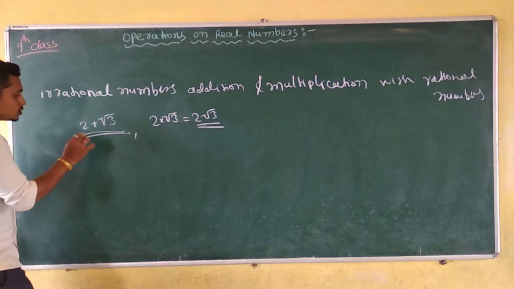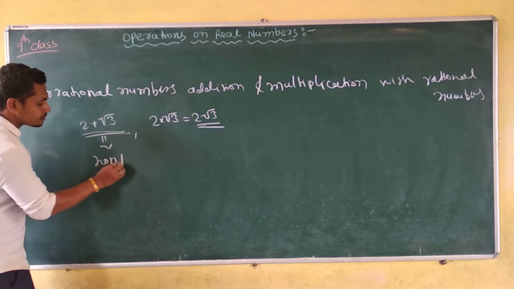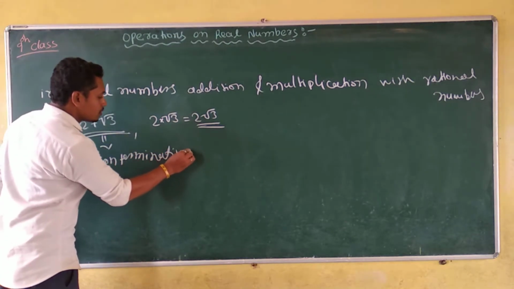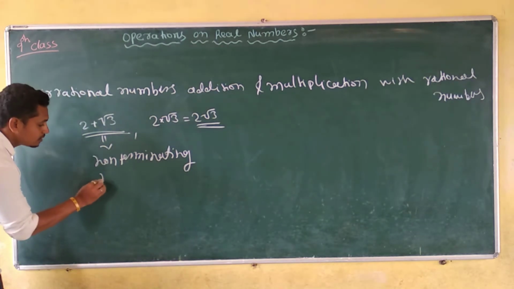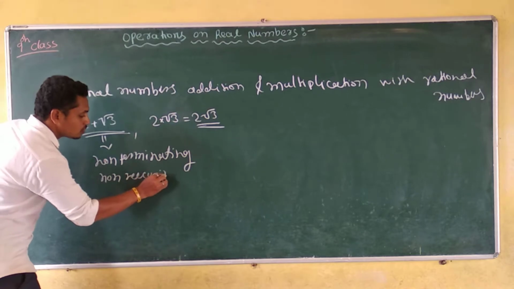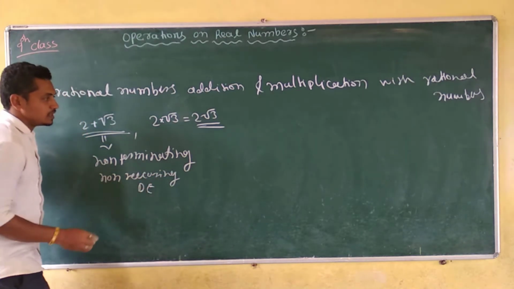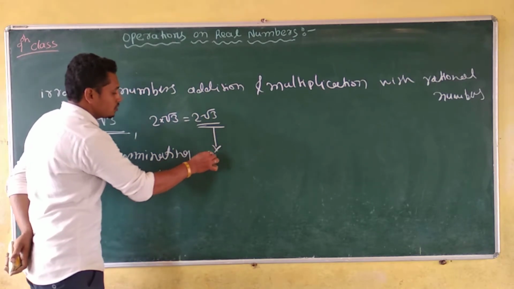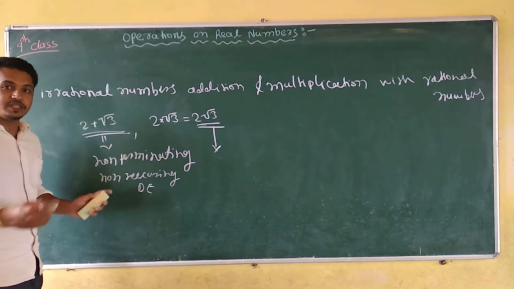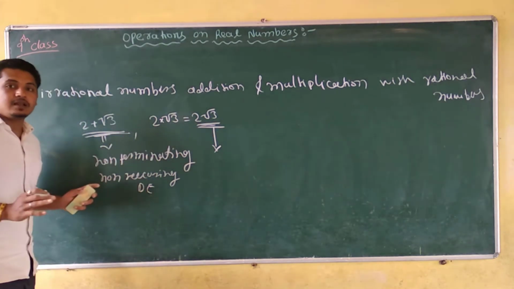See here. 2 plus root 3 has a non-terminating, non-repeating decimal expansion, and 2 root 3 is also a non-terminating, non-repeating decimal expansion, which means both are irrational numbers.